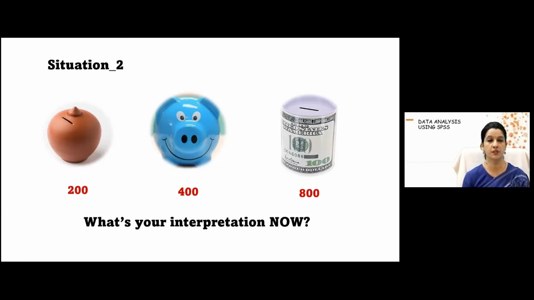Coming to situation 2. Now see this situation and tell me whether it is significant or not. Pawan is writing yes. So yes, if you see the difference between 200 and 800, between 1 and 3, it is significant. Yes, Praveen is right.